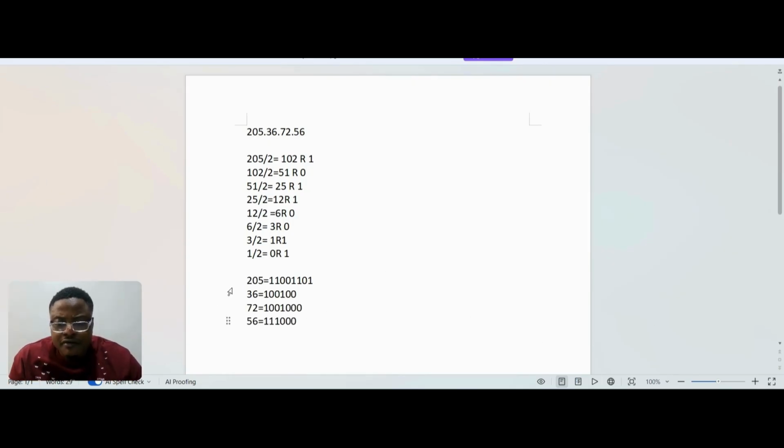The binary number of 36 is 100100, the binary number of 72 is 1001000, and the binary number of 56 is 111000. So the binary number of the IP address 205.36.72.56 is this.